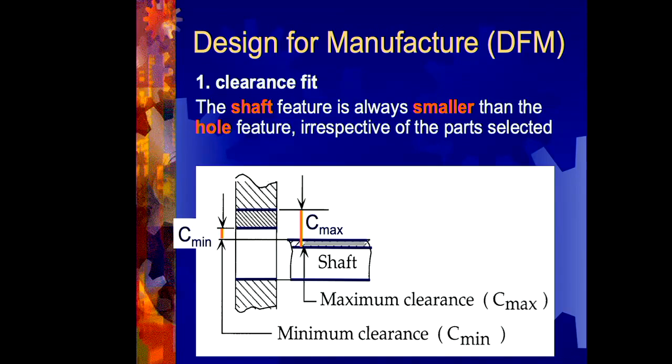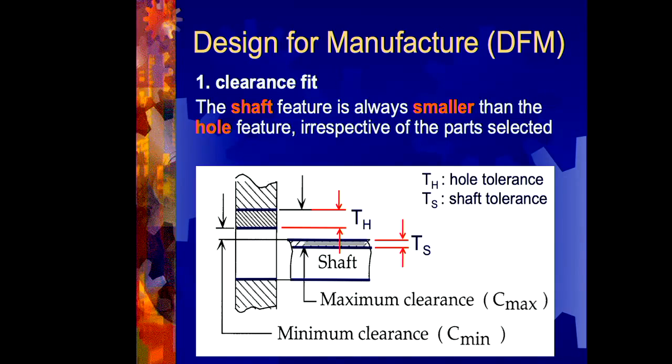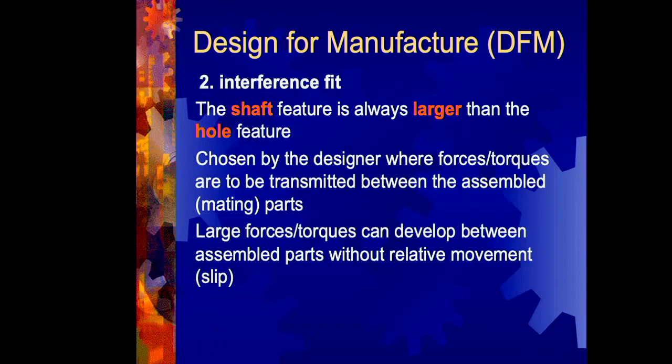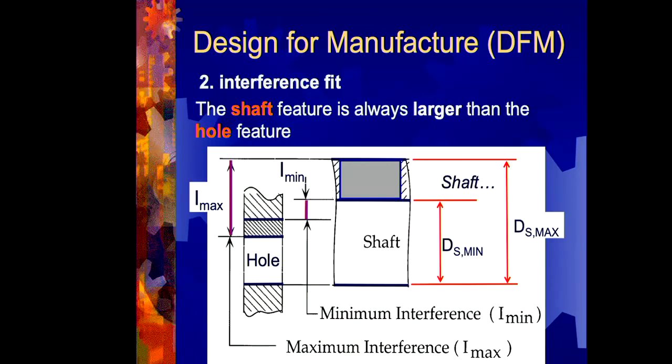Some way or other, one object and another object come together to create a fit, whether it be, in this case, clearance between a minimum and a maximum with an associated hole and shaft tolerance, whether it be an interference where we're going to have a minimum interference and a maximum interference. So we're always looking for those extremes, least to worst and least to worst.